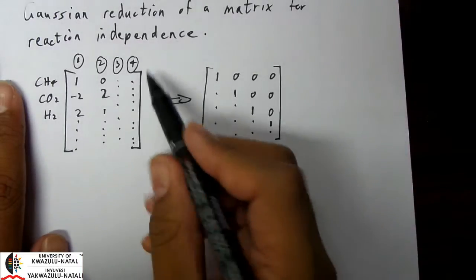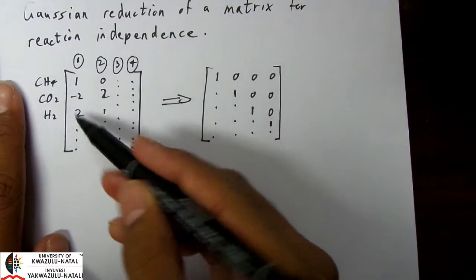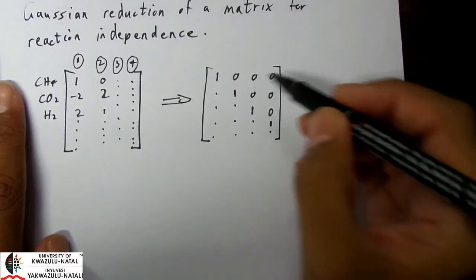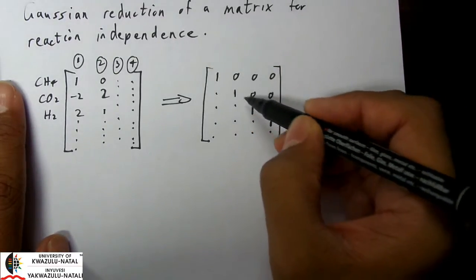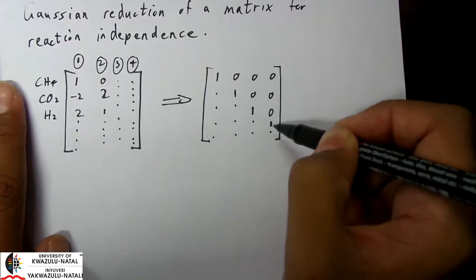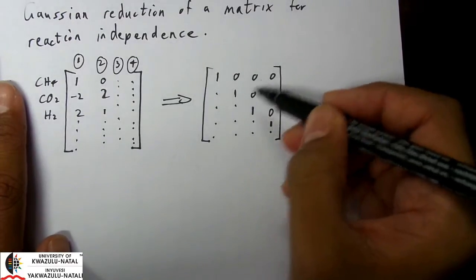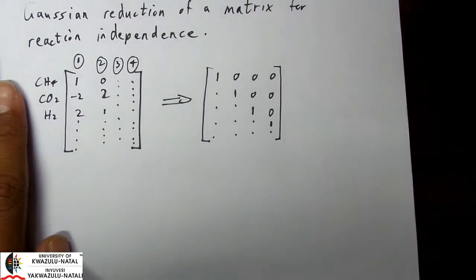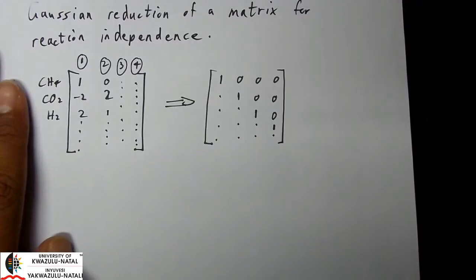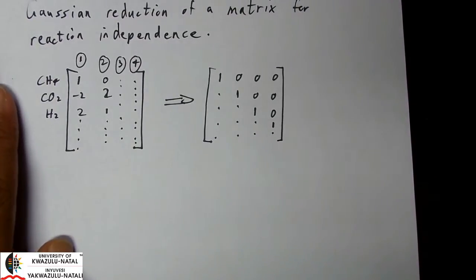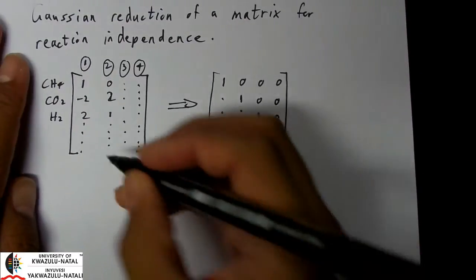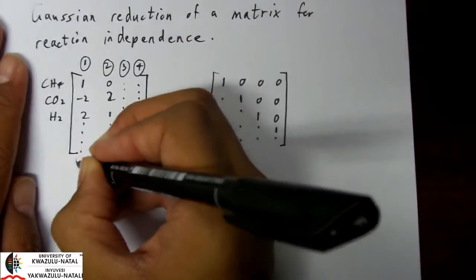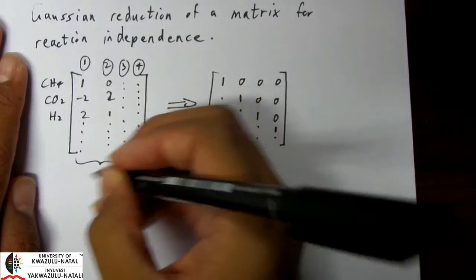We want to reduce this matrix that has lots of different numbers into a matrix that looks like this, where we have our ones diagonally across. Everything above our ones will be zeros, and anything below the ones could be any other number. Okay, that is the technique of Gaussian reduction. Okay, so all of these here are my stoichiometric coefficients.